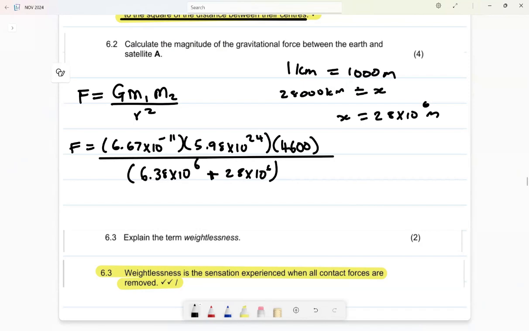And then don't forget, we need to square all that. And then we get our F to be something like 1552.29 newtons. So that is that.